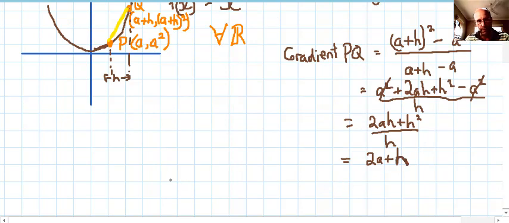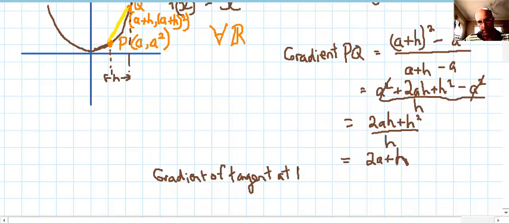And the gradient of the tangent at the point P is the limit as h approaches 0 of the expression above, 2a plus h, and that would give 2a.